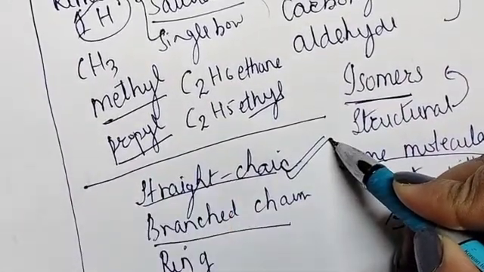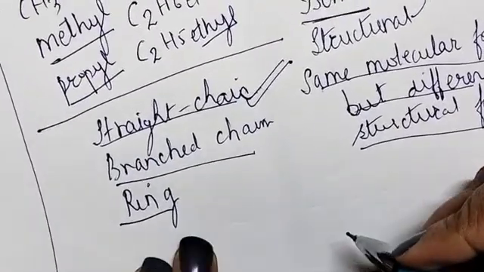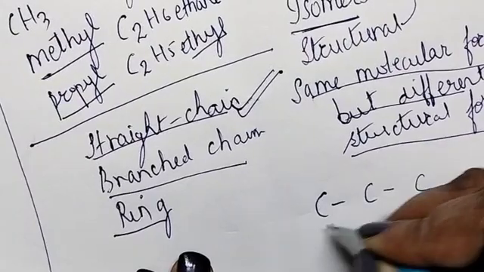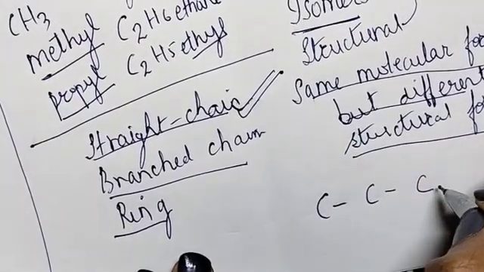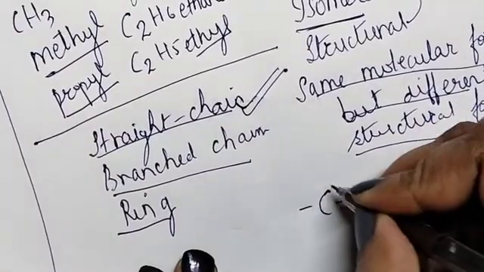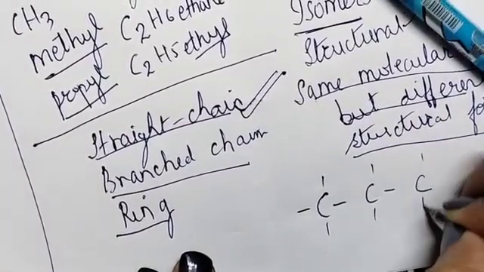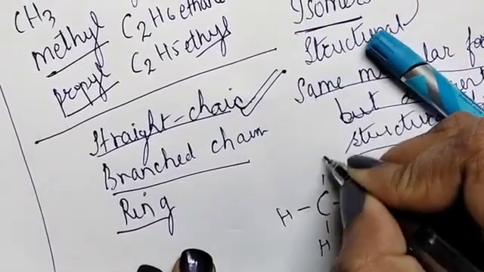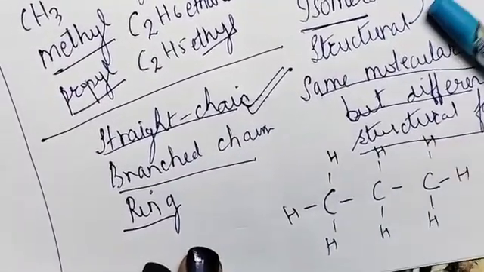Whenever you have a structure like that, I can do it for propane also. So propane has 3 carbon. I'll put 3 lines like this. First I will balance all the bonds between carbon, and whatever is left out as per valency will be balanced by hydrogen. So we know for propane it is C3H8.